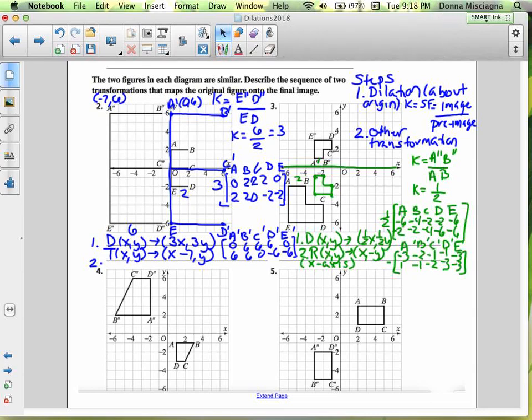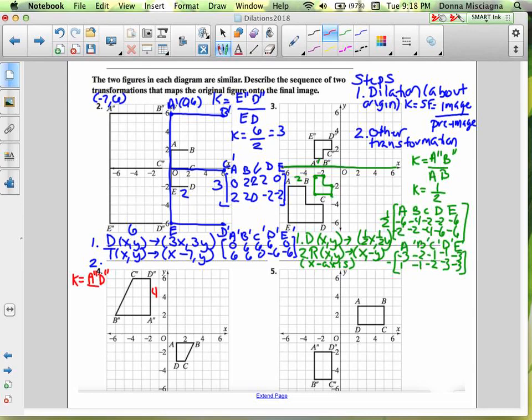All right? Let's try the next one. So first of all, let's do the dilation. It's got lots of great points to choose. How about A prime, D prime, and AD, right? So our scale factor, A double prime, D double prime, that's 4.